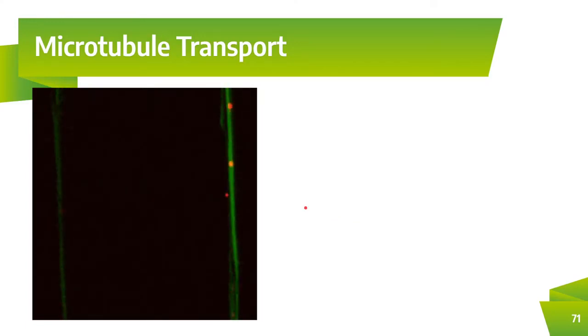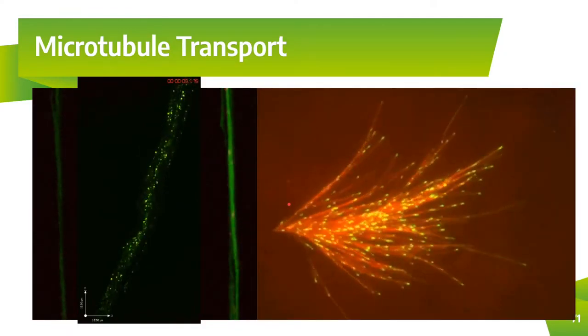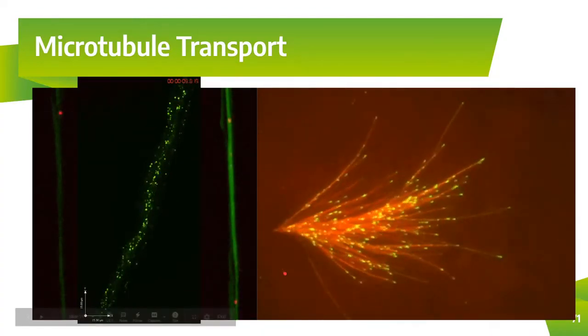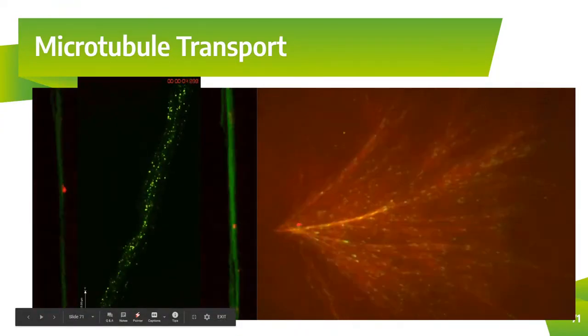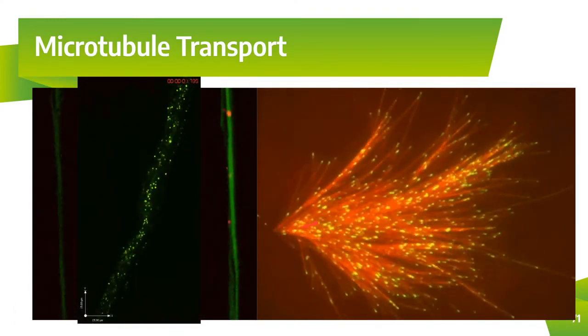Or here's another example. Here you can actually see the movement in 2 directions. Or something that looks more like a firework, where the microtubules all originate in one single bundle and then spread out. And this is the transport that is happening along them.